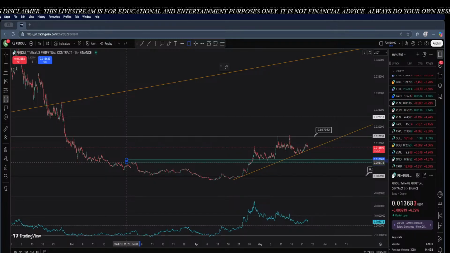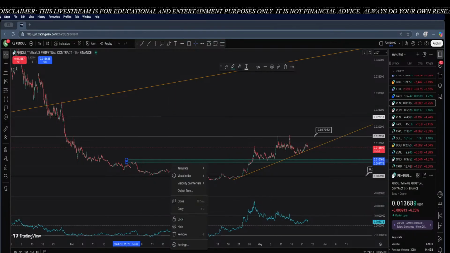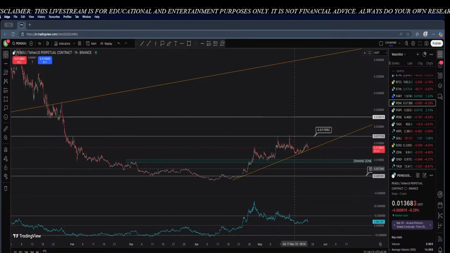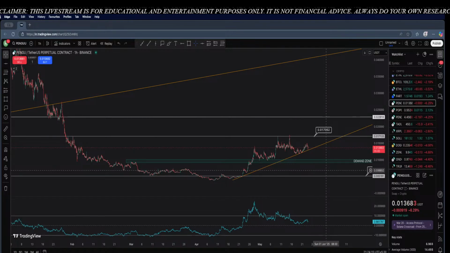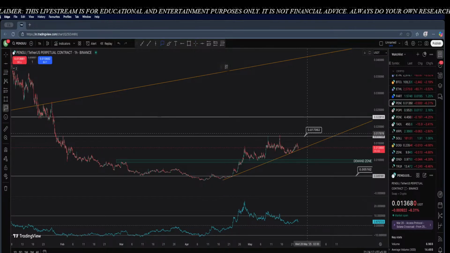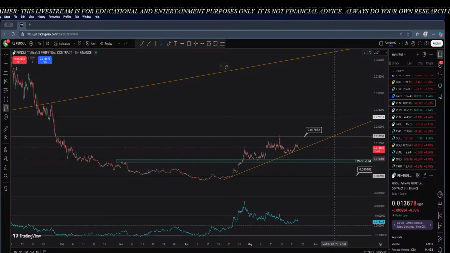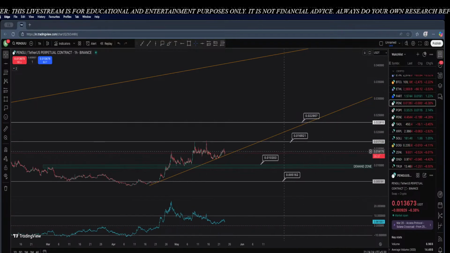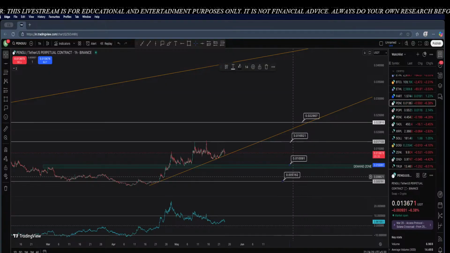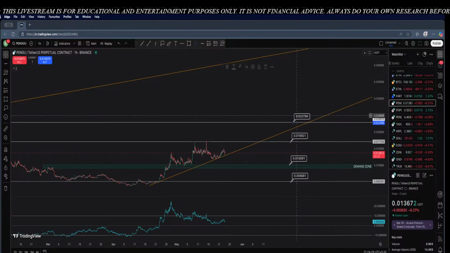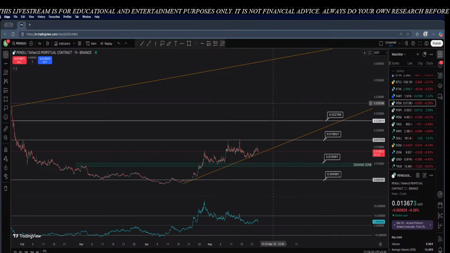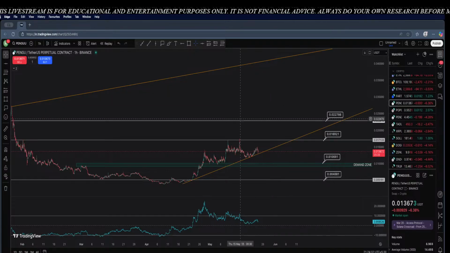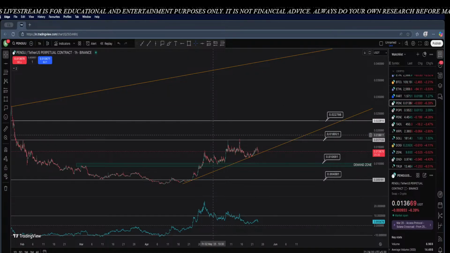It's going to be a zone of support, a demand zone right here. So this is going to be a potential price point opportunity right here. This is the Pengu chart on the 1 hour time frame.